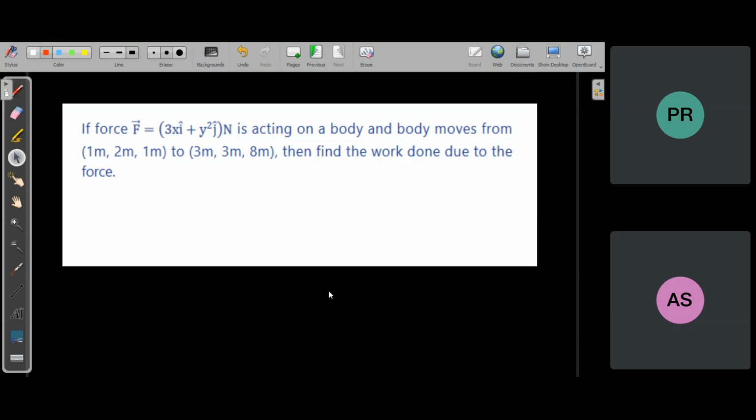So just tell me the equation. No need to solve it. What you are integrating, just tell me that equation.